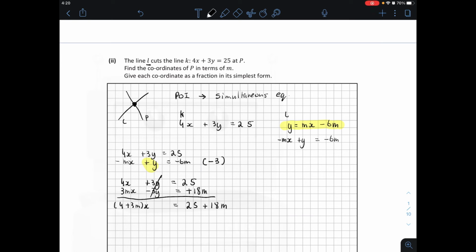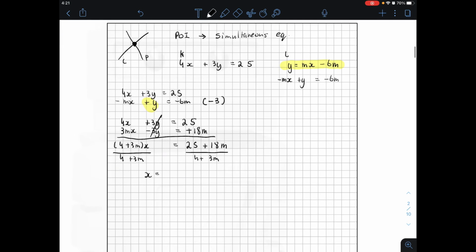We're trying to solve for x, so I'm going to divide both sides by 4 plus 3m, which leaves me with x as 25 plus 18m all over 4 plus 3m.